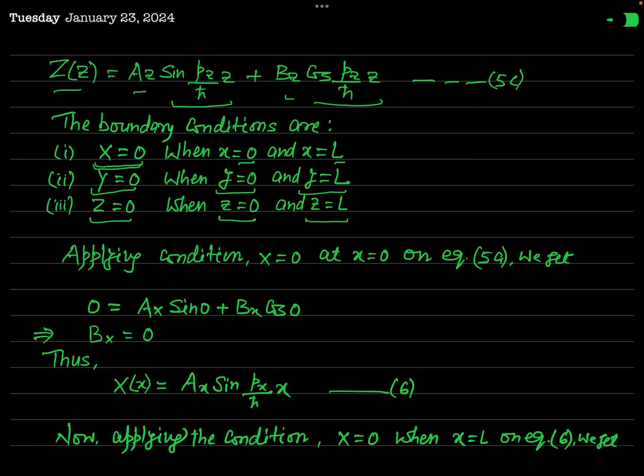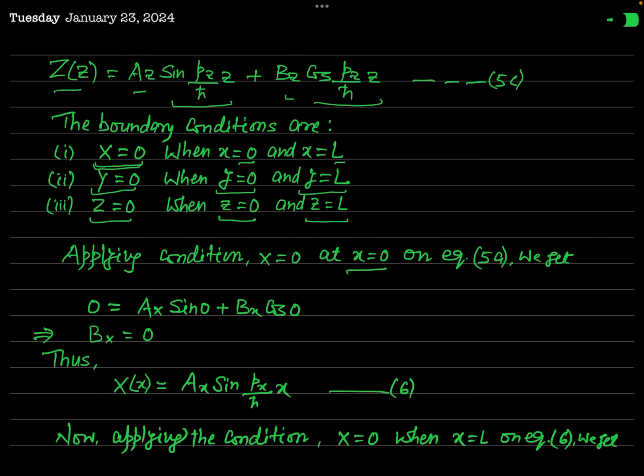Now we will utilize these boundary conditions to evaluate the constants Ax, Ay, Az, Bx, By, Bz. Okay? Actually from this the constants Bx, By, Bz will be evaluated, and after that we will obtain the other constants by utilizing the normalization condition. So now let us first of all apply this condition.